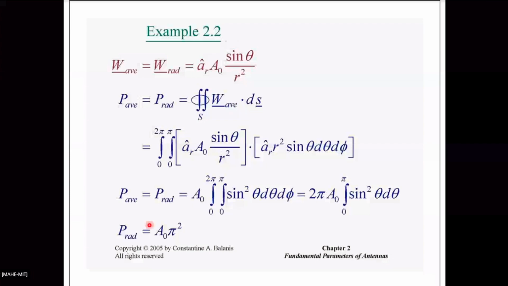So P rad. Is this equation understood? Yes, sir. Okay. Can I go to the next slide? This is an example. He has given W average as this expression, A naught sin theta by R square.